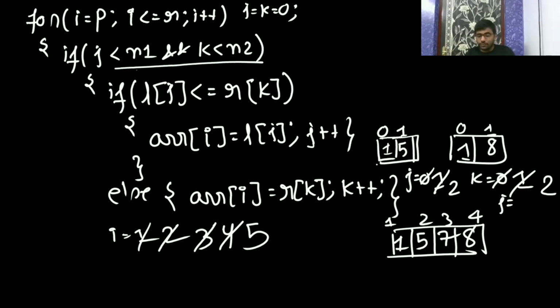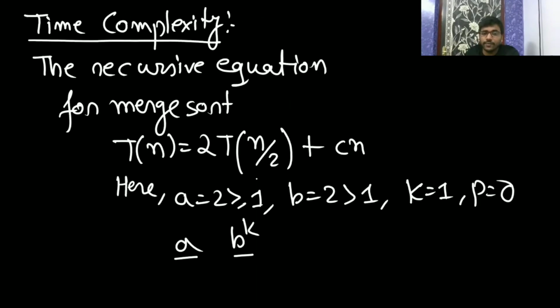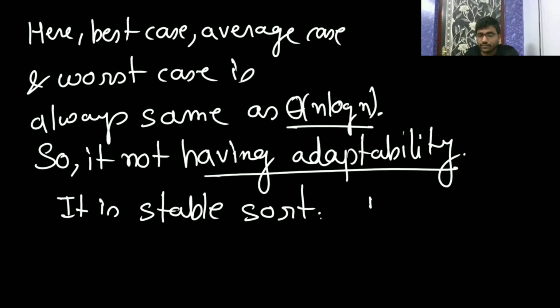So if this one comes before this one, then after sorting this one will also come before. Because of this smaller than or equal to, it is maintaining the relative position. That's why it is a stable sort.